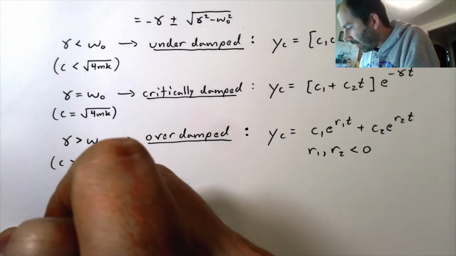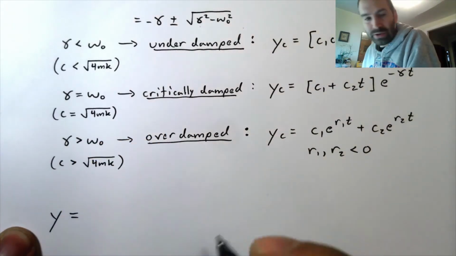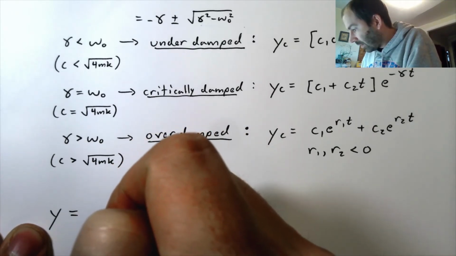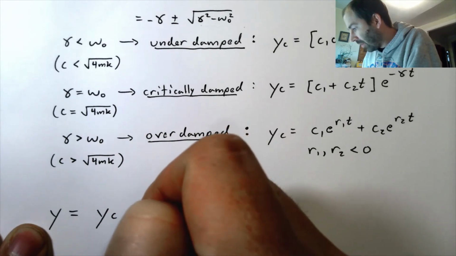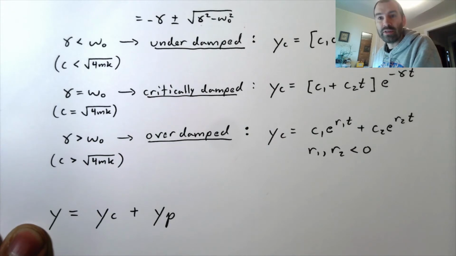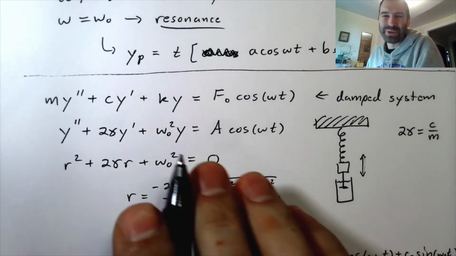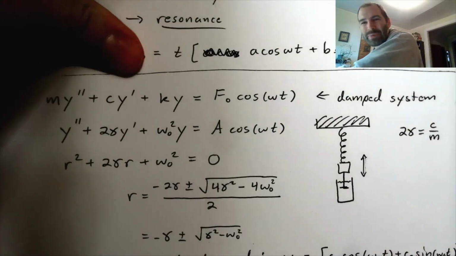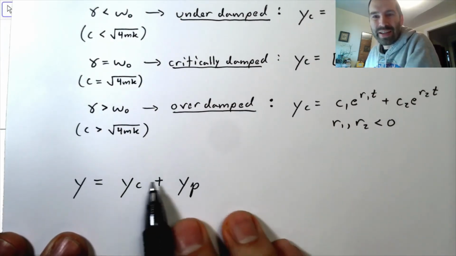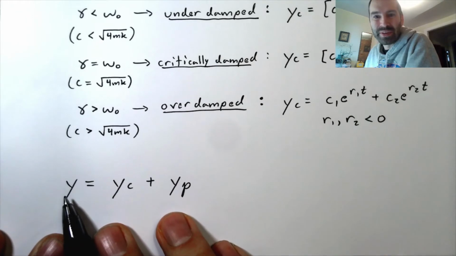So when we write down our solution, our final solution is going to be the complementary solution to the complementary equation, plus the particular solution, and that's going to be our general solution, right?